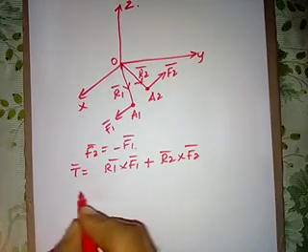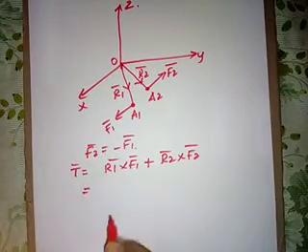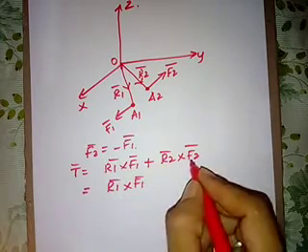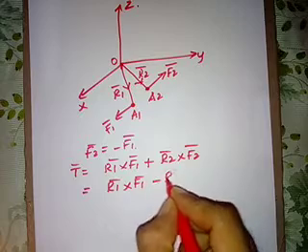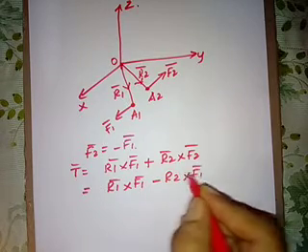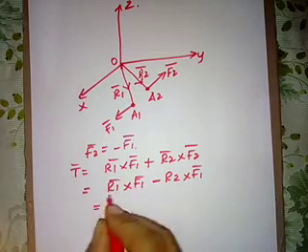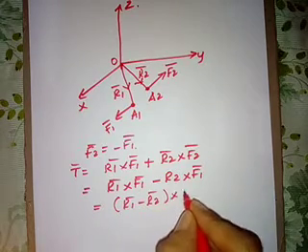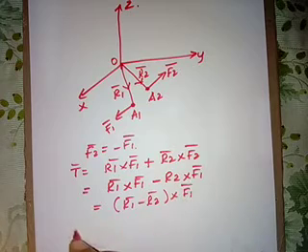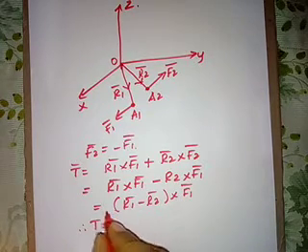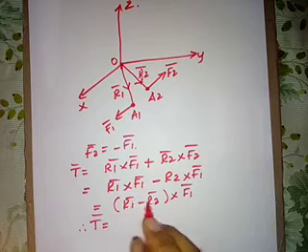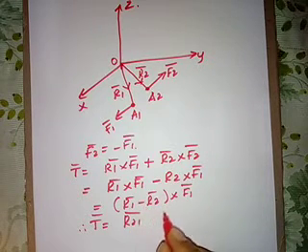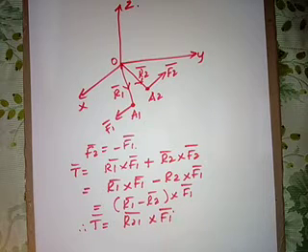As F2 bar is minus F1 bar, this will be minus R2 into F1 bar. So this comes out to R1 bar minus R2 bar into F1 bar. What is R1 minus R2? It is R21 bar, into F1 bar.